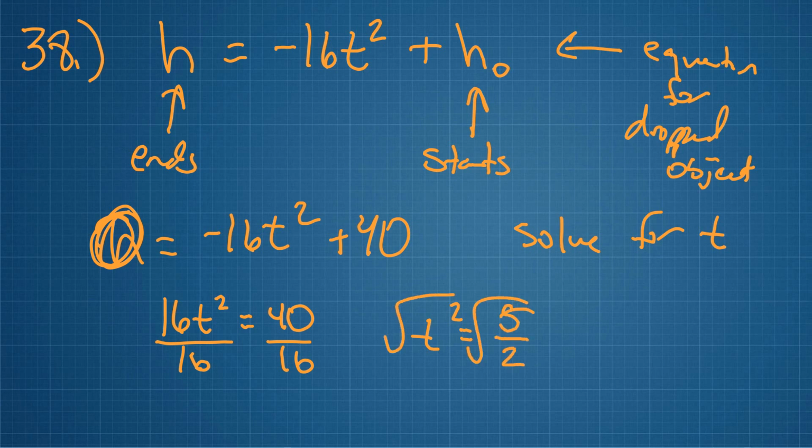And then I square root both sides. So I get t equals plus or minus the square root of 5 halves. Now, I don't need to worry about the negative because this is real life. You can't have negative time. And I'm actually allowed to throw this into my calculator because we're talking about time, and we don't measure time in radicals. So you could actually use your calculator and give me about 1.6 seconds. And that's it for 38.